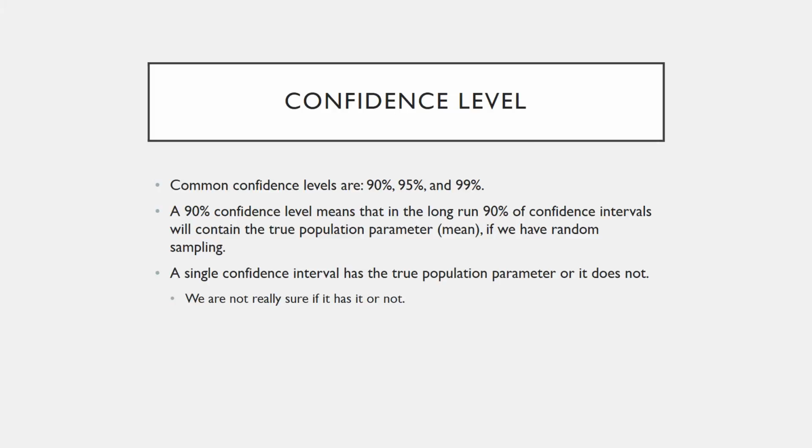But it still might not. You could still be that unlucky person. If you had a 99% confidence level, that means 99% of the confidence intervals will contain the true population mean or difference in means, and 1% of the time it will not. And you don't know if you're the 99% or the 1%. You could have just gotten really unlucky and got the 1%.